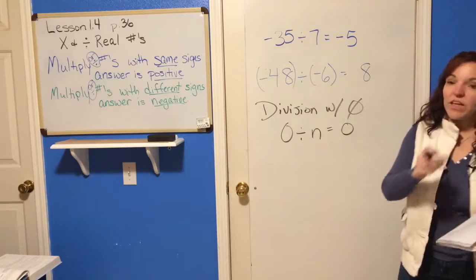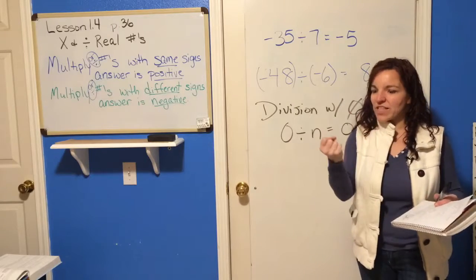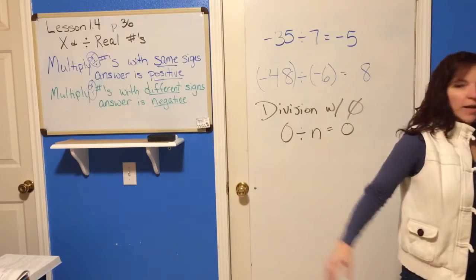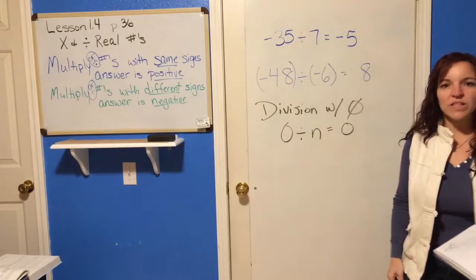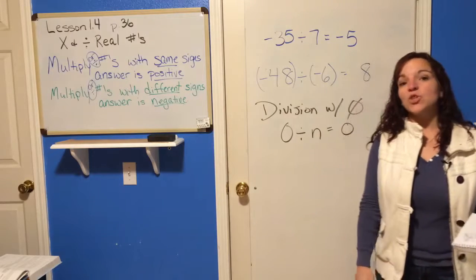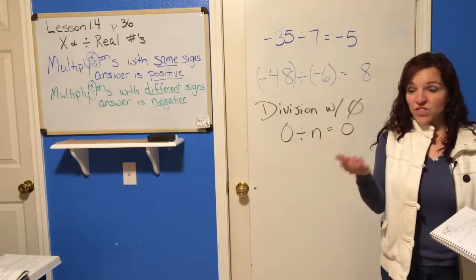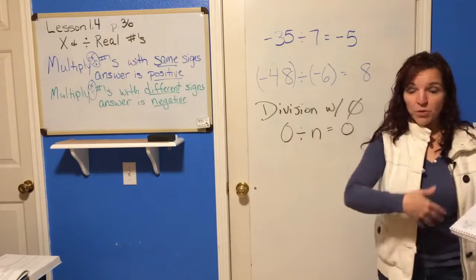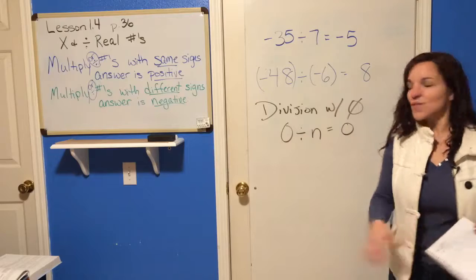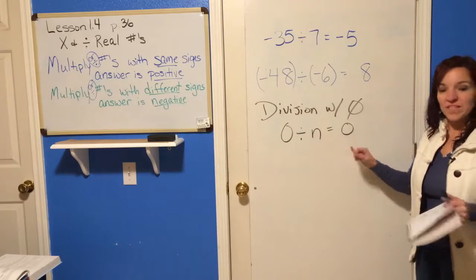If I'm holding 0 pencils, and you want to divide them into 3 piles, well, I can take those 0 pencils and give 3 different people 0 pencils. So 0 divided by any number is 0.